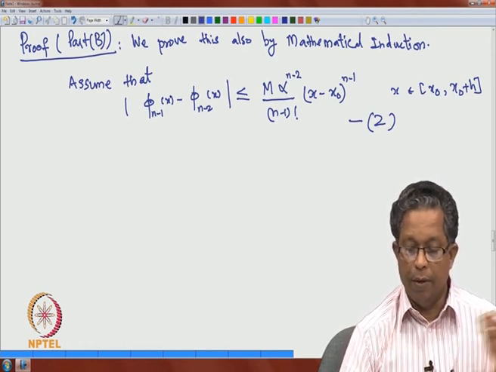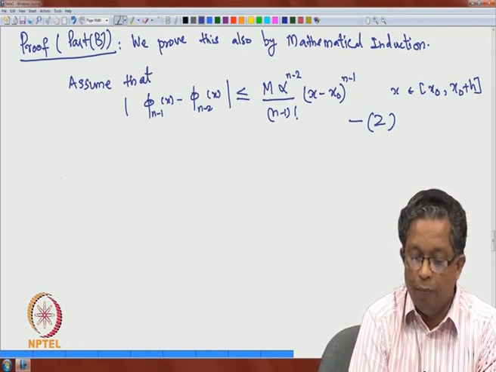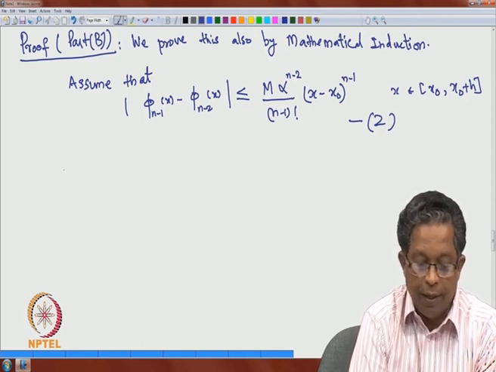Now, by using this inequality, we find the estimate for phi n.